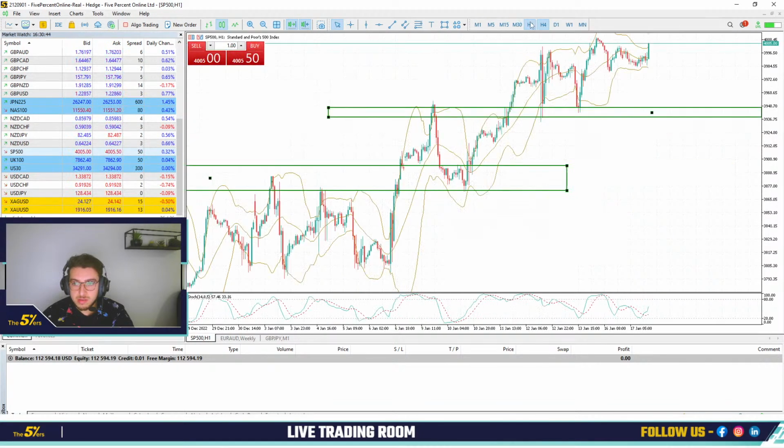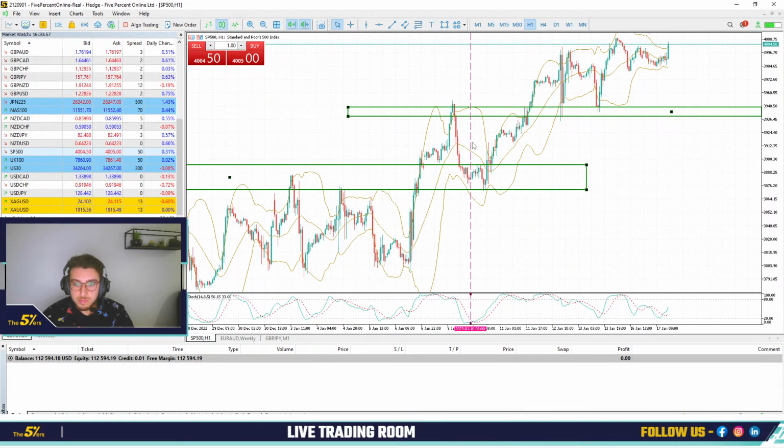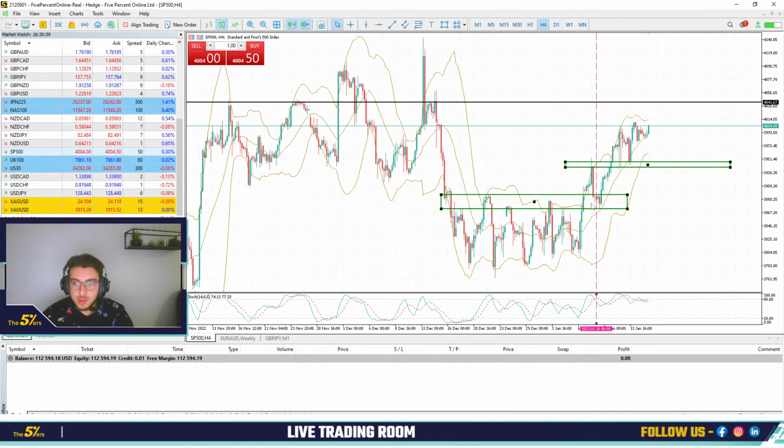The market was overextended here, coming back down into this zone, and after that the market started to cross here, a zone for the market to make a buy. We also see that on the H4 chart.